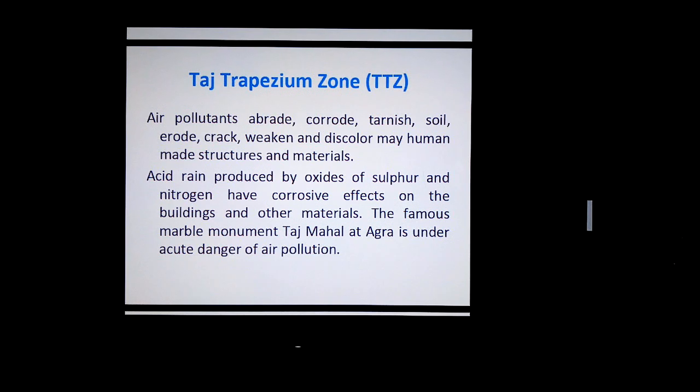Acid rain produced by oxides of sulfur and nitrogen has corrosive effects on buildings and other materials. The famous marble monument, namely Taj Mahal at Agra, is under acute danger of air pollution.